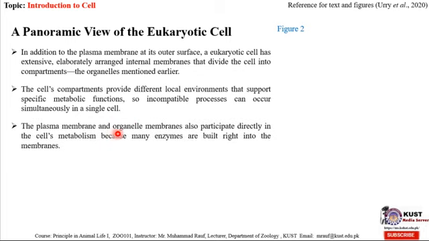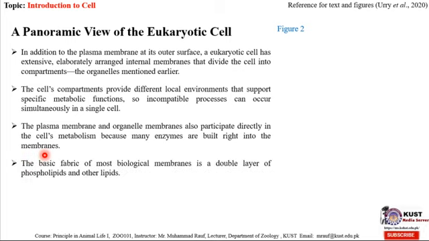The plasma membrane and organelle membranes also participate directly in the cell's metabolism because many enzymes are built right into the membranes. The basic fabric of most biological membranes is a double layer of phospholipid and other lipids. So this is the structure of the plasma membrane, which is a lipid bilayer embedded with different kinds of proteins.